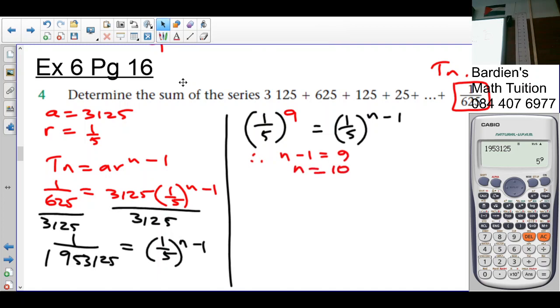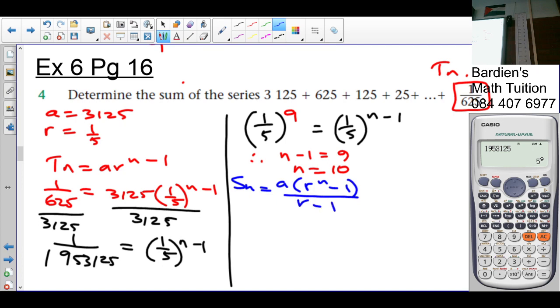Now I can use that formula which says Sn is equal to a(r to the n minus 1) over r minus 1. So what's your a value? 3125 into r, which is a fifth, raised to the 10 minus 1, over a fifth minus 1.